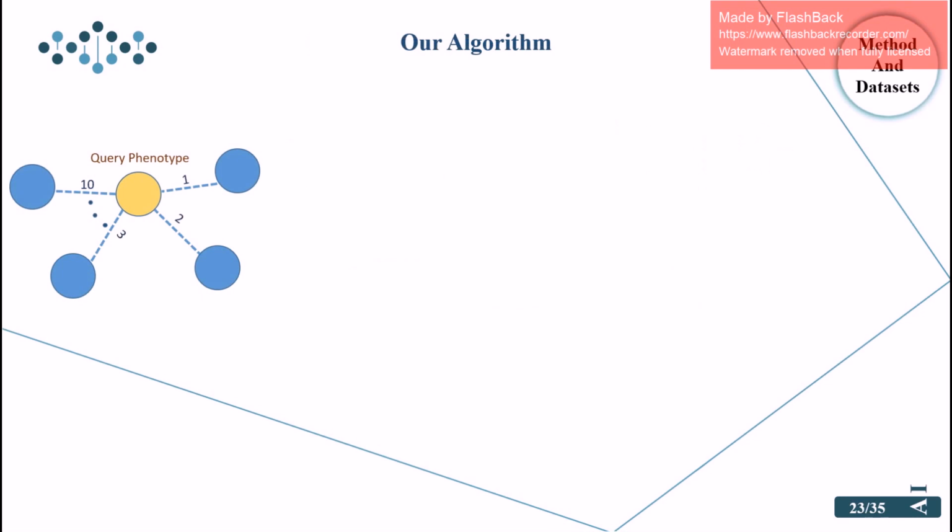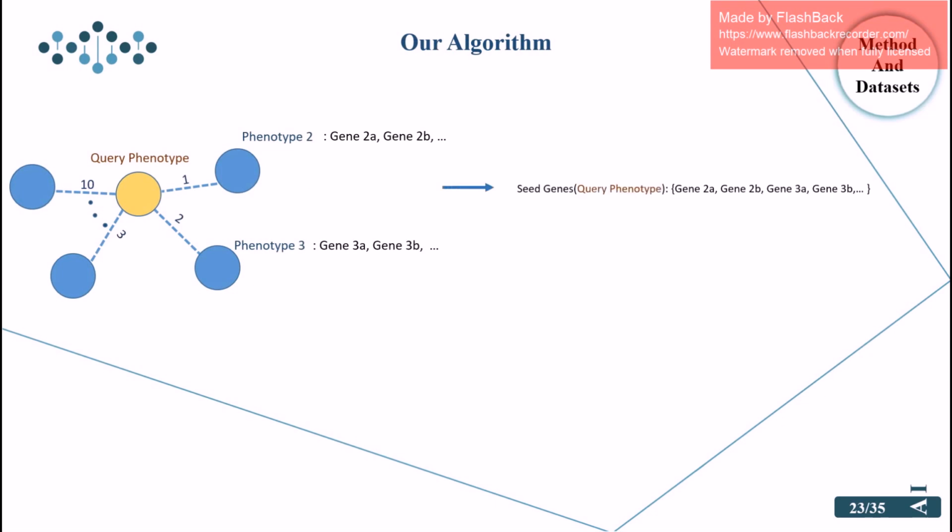And as mentioned before, each query phenotype will have 10 neighbors, and for each neighbor, we have a score called a phenoscore. Each of these neighbors have several genes, and all of these genes together are called seed genes.